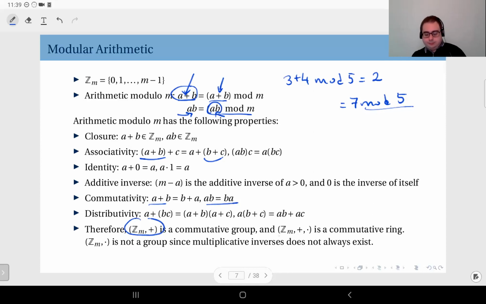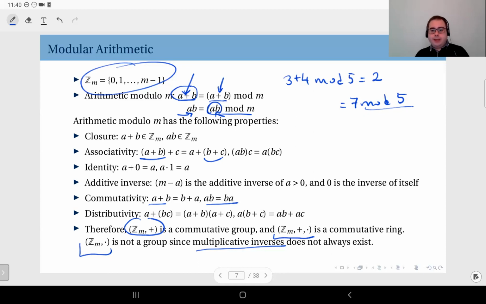And this structure, the set Z sub m along with these two operations, addition and multiplication, is a commutative ring. On the other hand, the set Z sub m along with multiplication is not a group, because multiplicative inverses may not exist in all cases, okay?